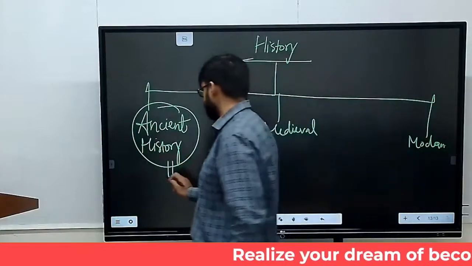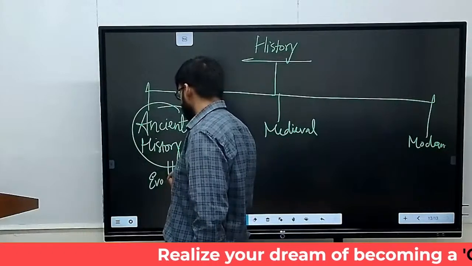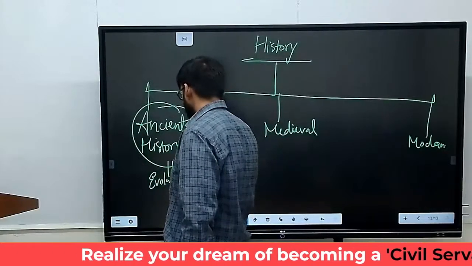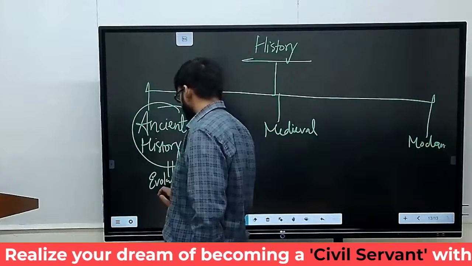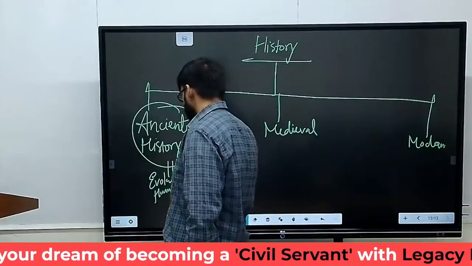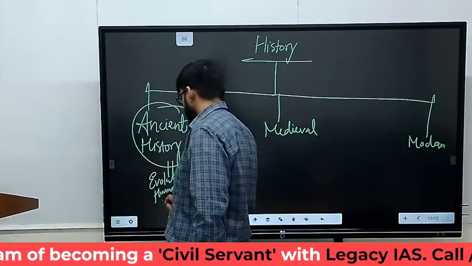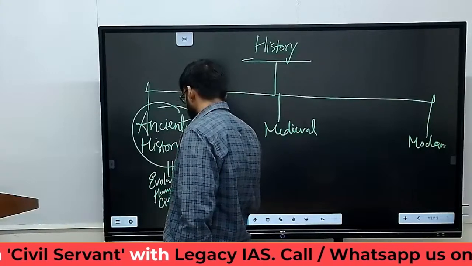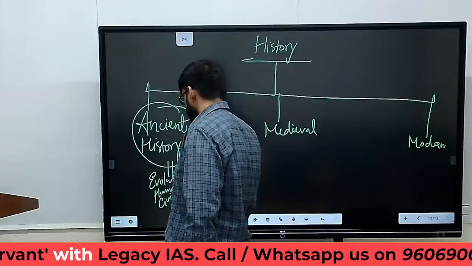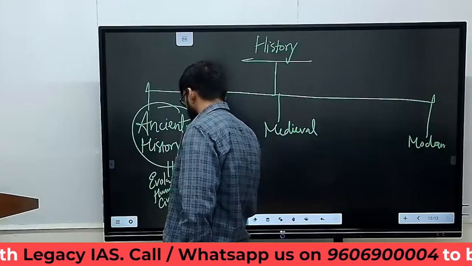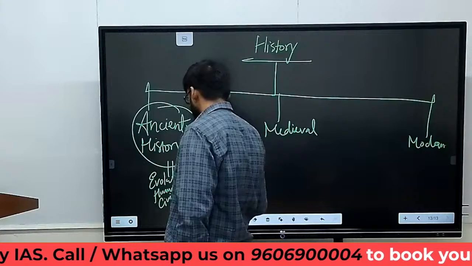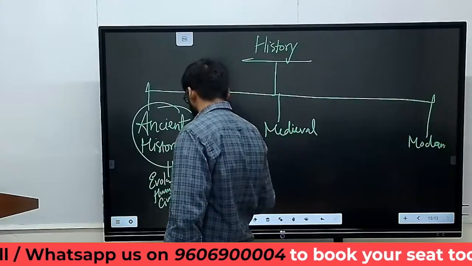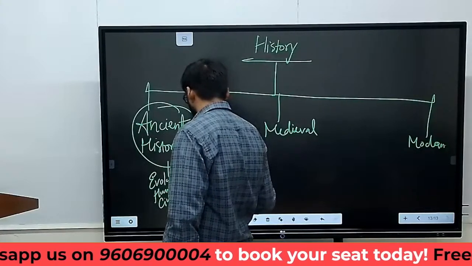So it is the stage of evolution of humans, then civilization, then birth of religions, evolution of society, evolution of polity, state, empire, etc.